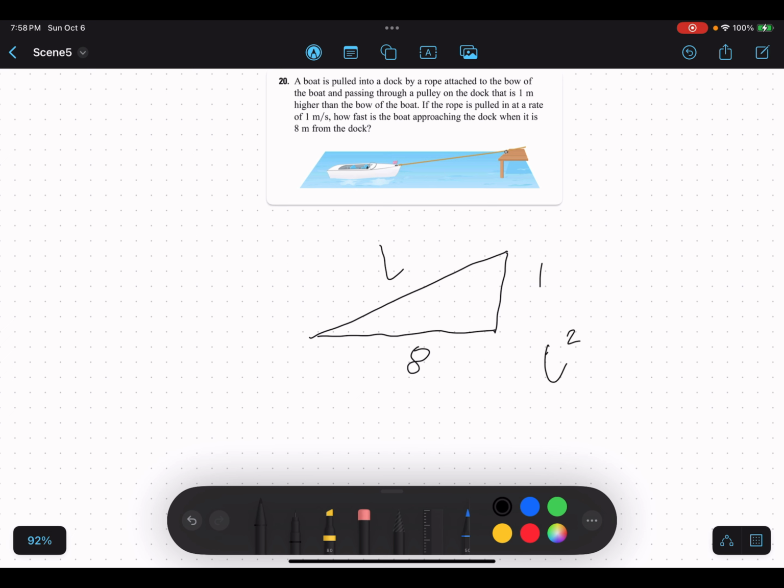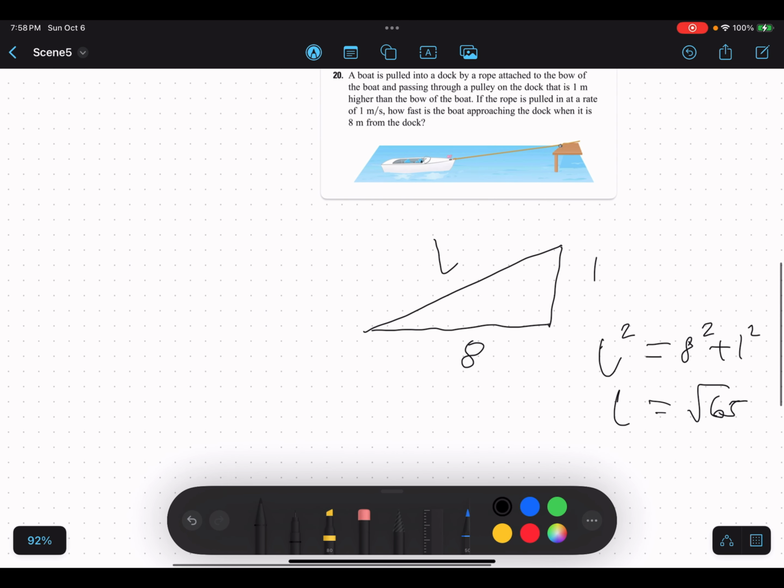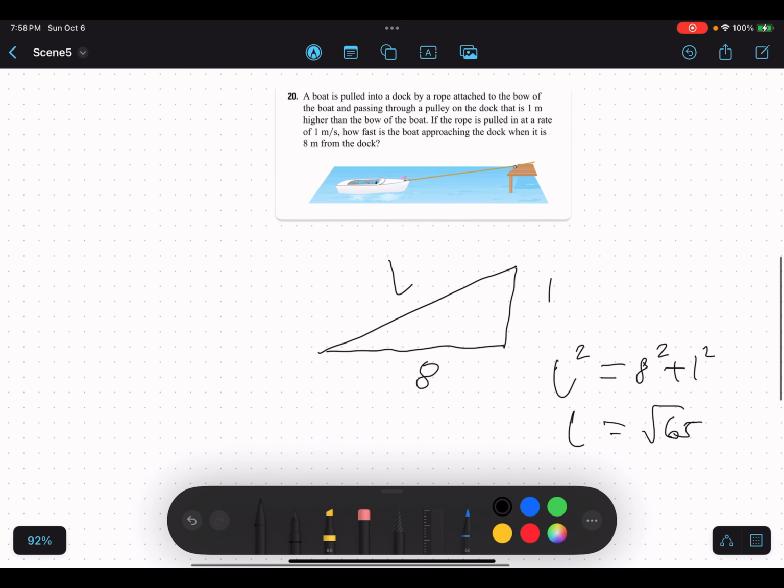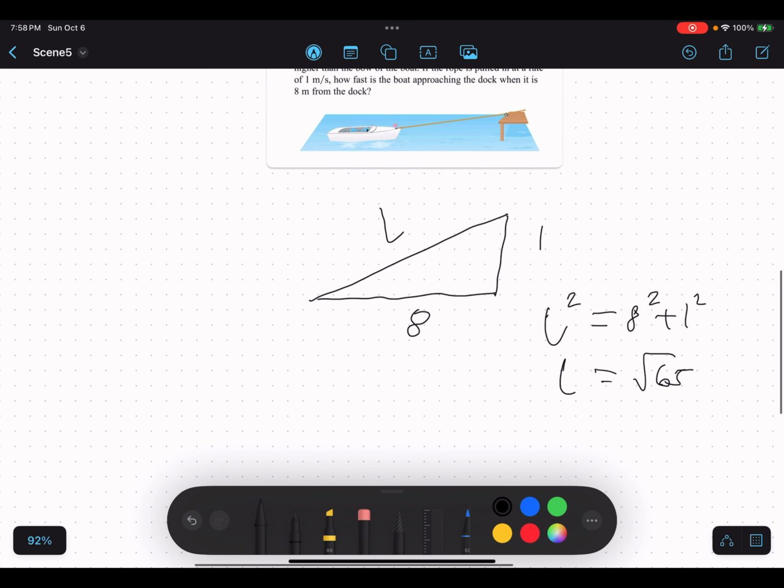So let's put this part as L. L squared equals 8 squared plus 1 squared. So L equals root 65. All right, now let's write our expression in terms of when the boat is moving. And let's define this part to be x.